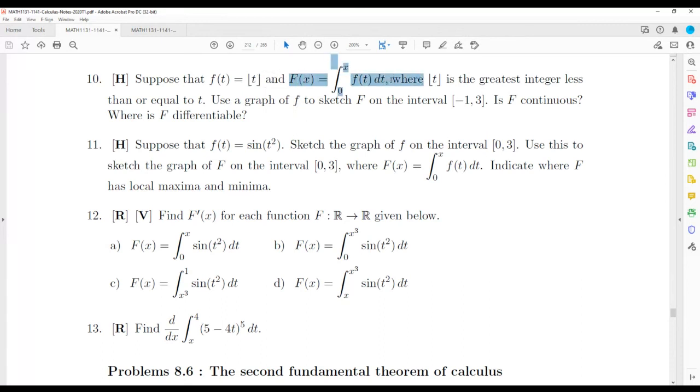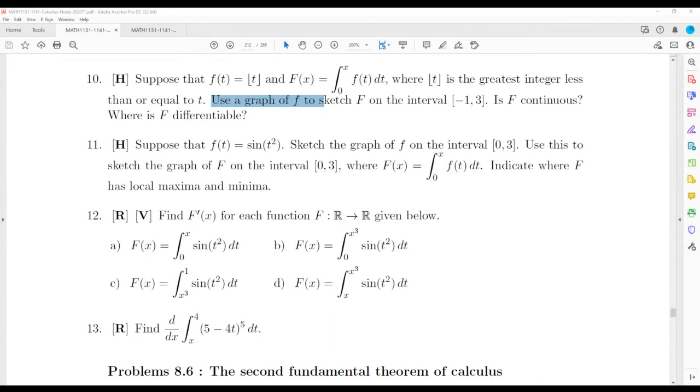Here they've just defined this integral and the function big F of x as the integral of the floor function from 0 to x. Use a graph to sketch these things in the interval. Is the function big F continuous and differentiable? Okay, so this is not an easy question, and I'm just going to do it using Maple.